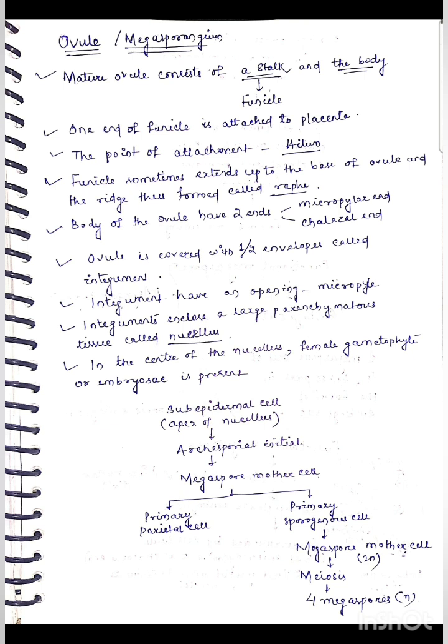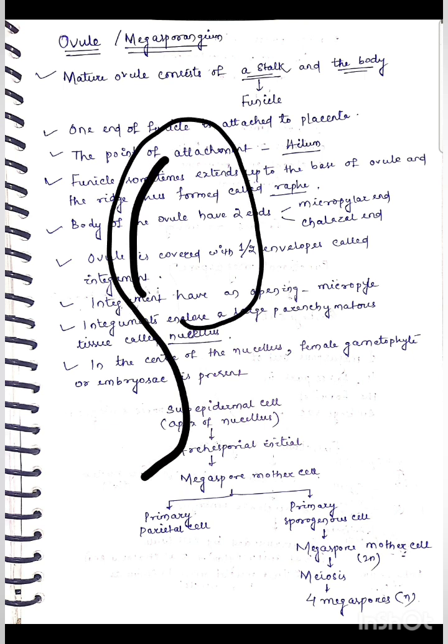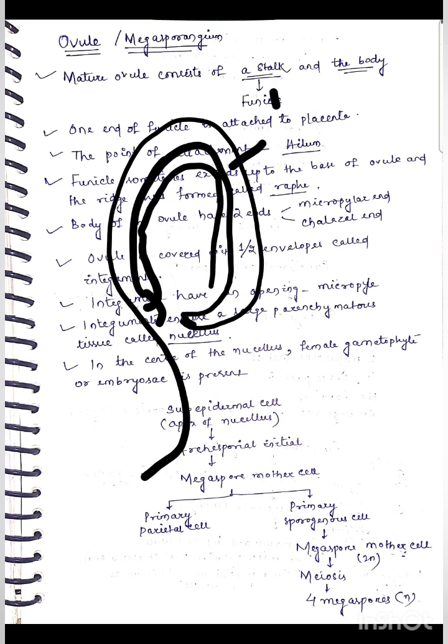So the ovule or megasporangium is a structure like this. Many layers are arranged like this, called integument. Inside the integuments, nucellus is there. Inside the nucellus, embryo sac is there.